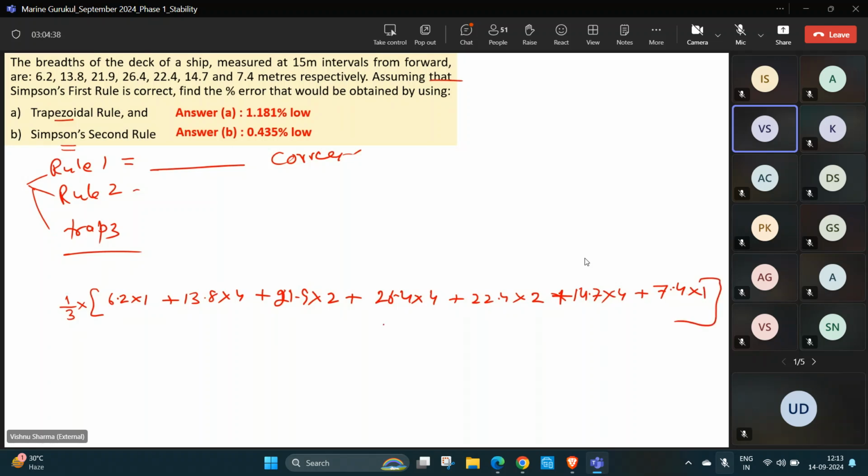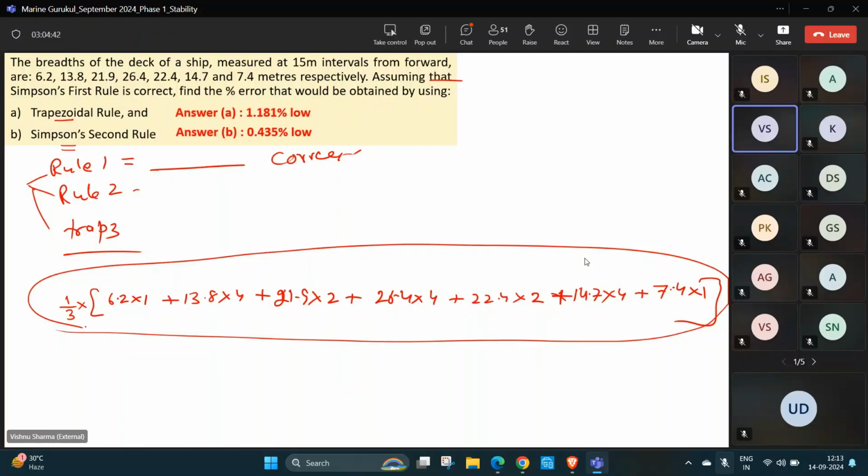Am I right? This will give you area, beta, by Simpson's first rule. Yes or no? Into the common interval, which is 15, into h. So how much is the area we are getting by rule 1, guys? Calculate quickly.